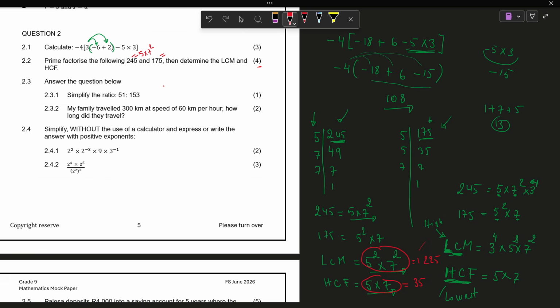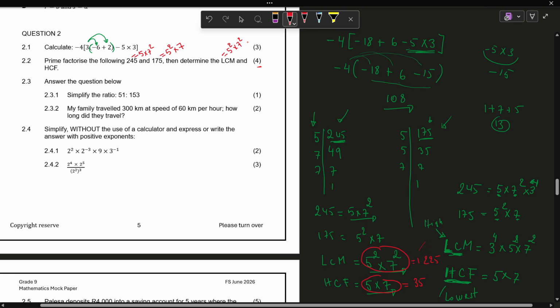So the prime factors of the second number, 125, was 5 squared times 7. And now you can find the lowest common multiple, which we found to be 5 squared times 7 squared.